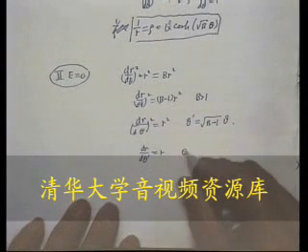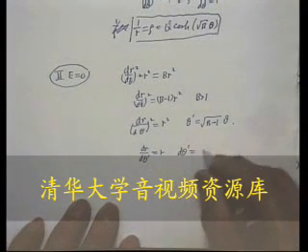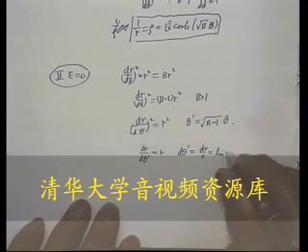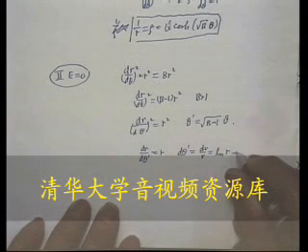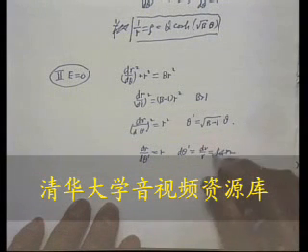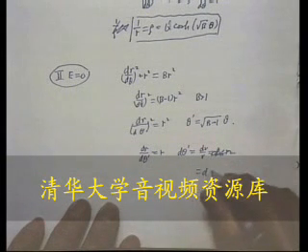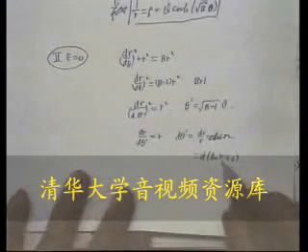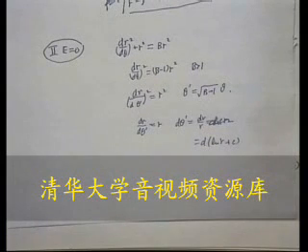So d theta prime is equal to dr over r is equal to log of r plus a constant. This is a natural logarithm. That means logarithm with respect to e.